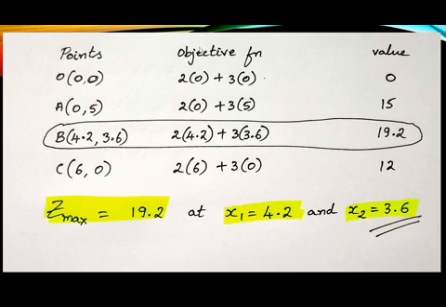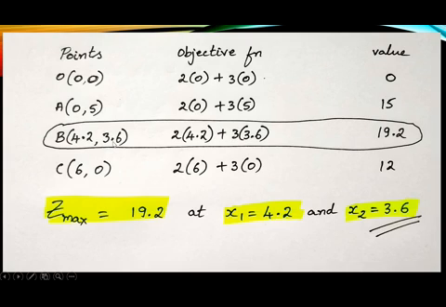Highlight that particular row. So Z maximum value is 19.2 at x1 is equal to 4.2 and x2 is equal to 3.6. This is the final answer.